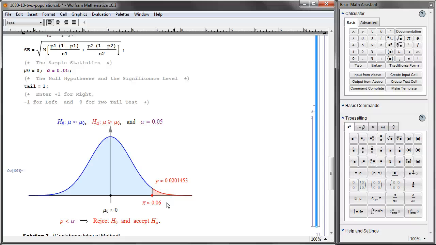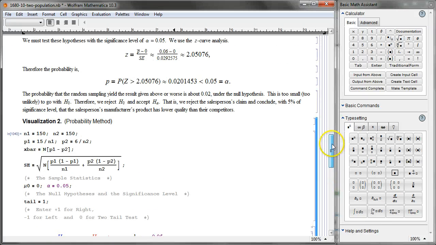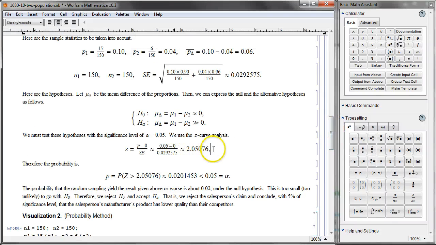That final interpretation can be a little bit tricky. And how do we actually find out the probability? You can look up the z-table, which I'm showing right now. You have to calculate the z-score kind of like this, x minus center over standard error, and x is given as 0.06, center is 0, and standard error we calculated. We end up with z-score of 2.05 something. So look up 2.05 from the z-table.